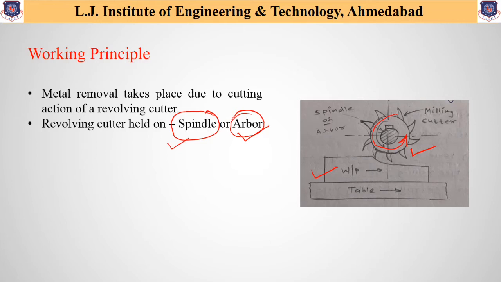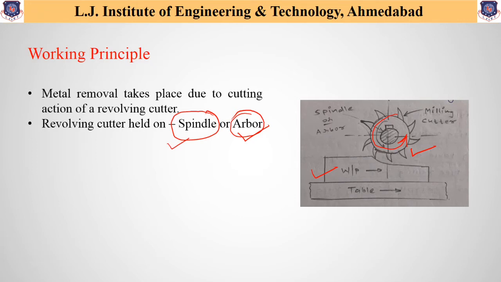To summarize, whenever the cutter is fixed on a vertical shaft, that shaft is called the spindle. And similarly, when the cutter is fixed on a horizontal shaft, that shaft is called the arbor. So this is the basic difference between the words spindle and arbor.